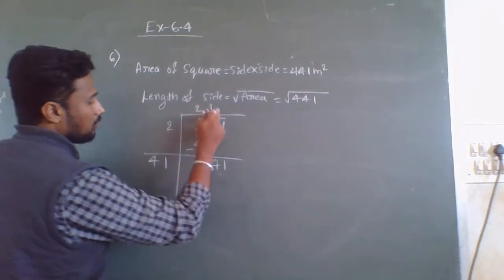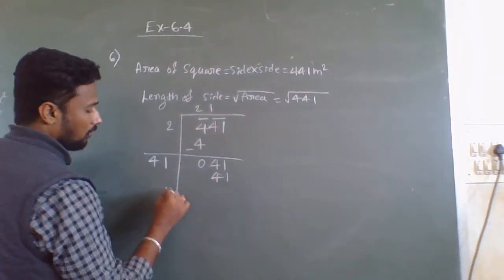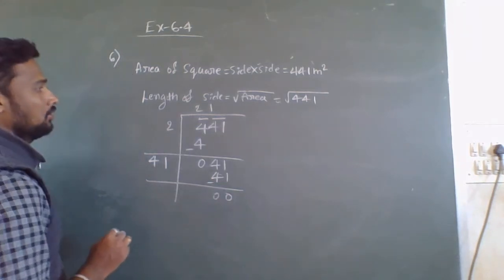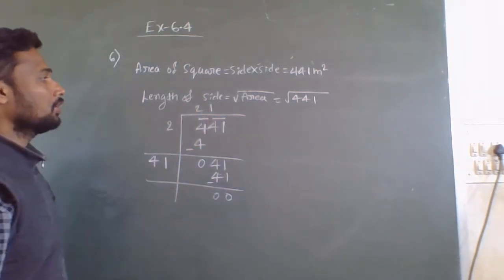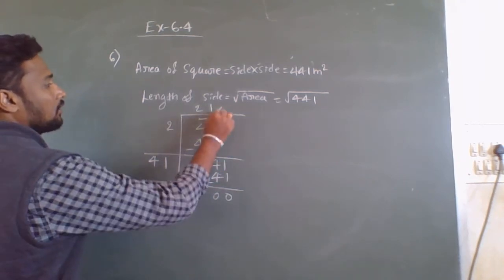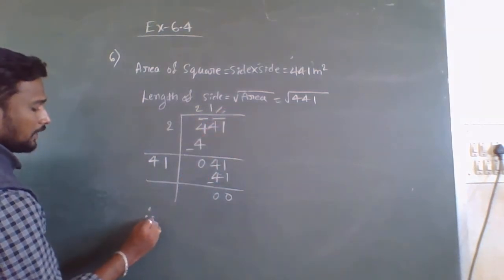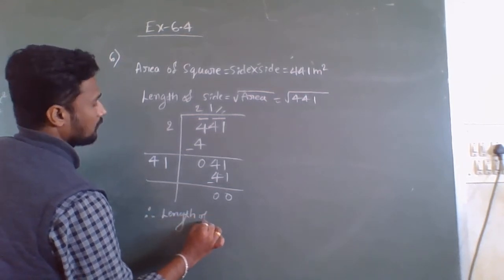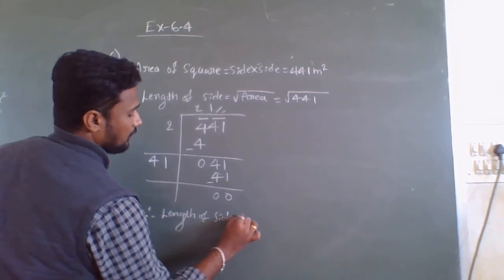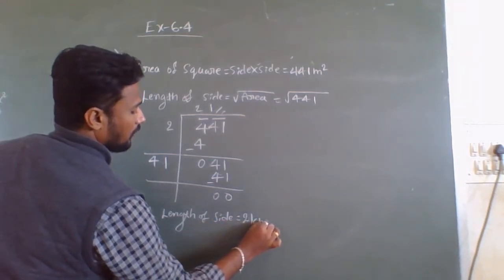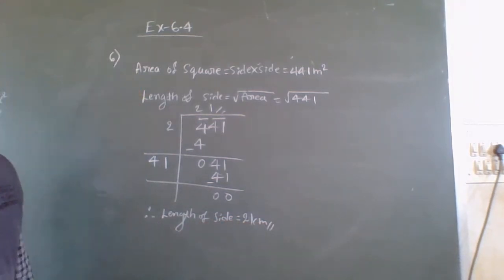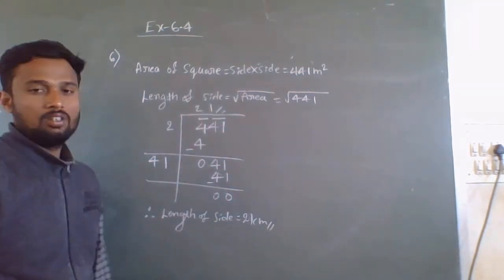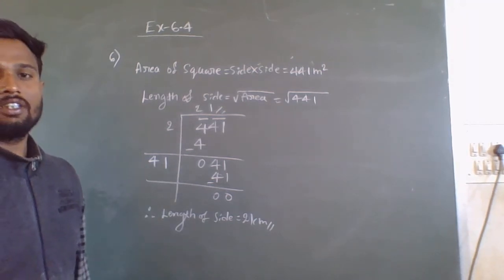So 41 into 1, 41 only. So the remainder is 41 minus 41, which is 0. So what did you get here? 21 is the answer. Therefore, length of side equals 21 centimeter is the answer, because this 21 is the square root of 441. So 21 is the length of a side of the square.